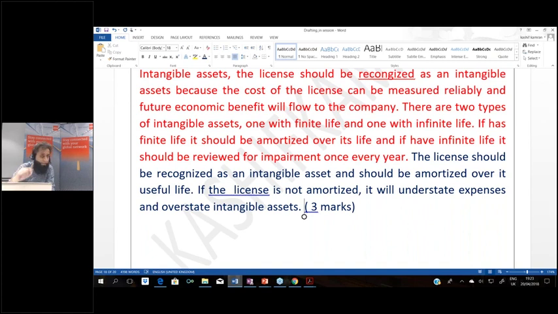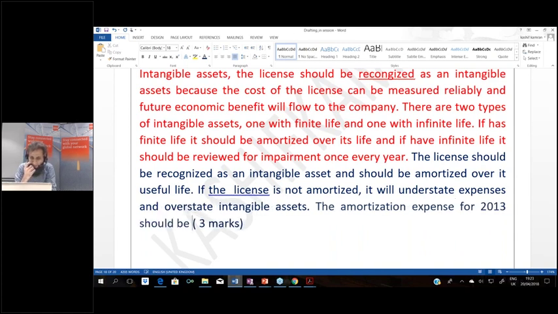See, after the full stop, what will I write? The amortization expense for 2013 should be $1.25 million, and in the bracket I show the working, that is $15 multiplied by 5 divided by 60, bracket close.